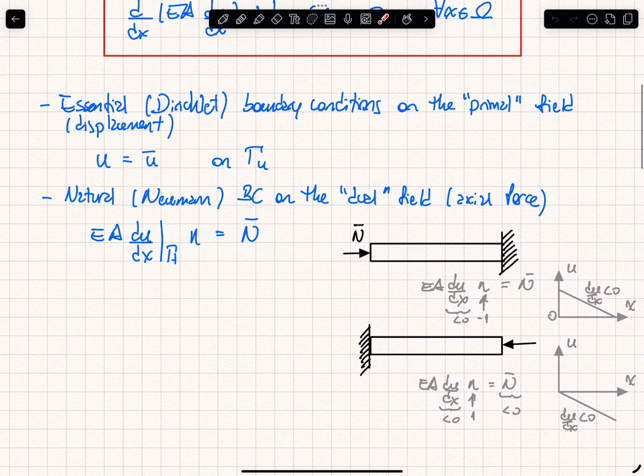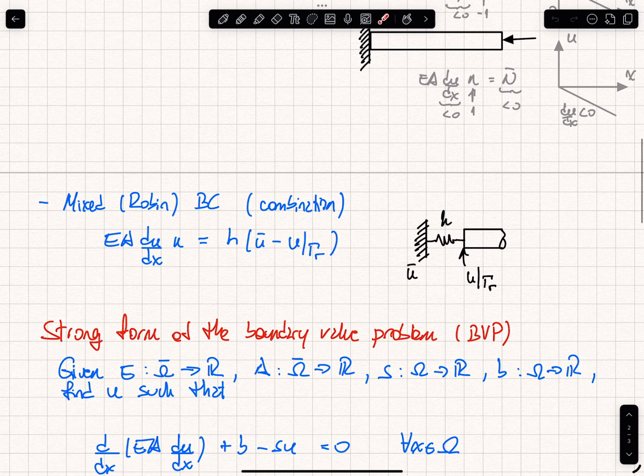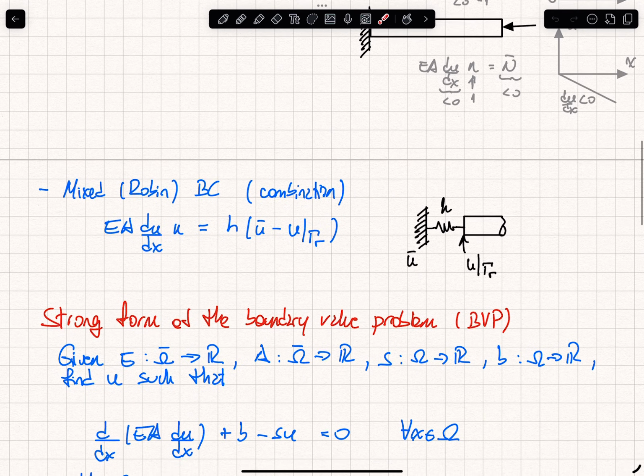Of course, when we say primal, in this case, we're looking at elastostatics, and so the primal variable is the displacement field. But in other problems, like, for instance, heat conduction, our primary variable is going to become the temperature, right? And so then the natural is on the dual variable. In this case, it is the actual force. And so the mixed or Robin boundary condition was a combination of the 2.